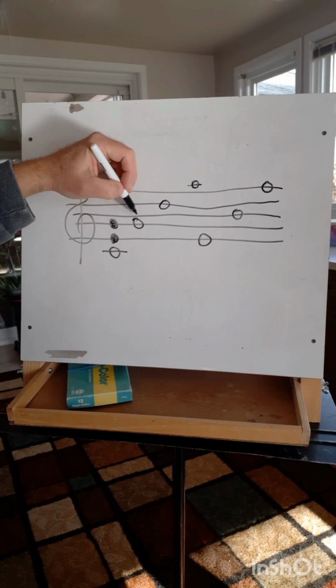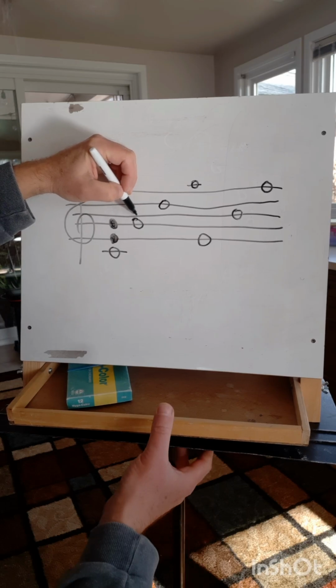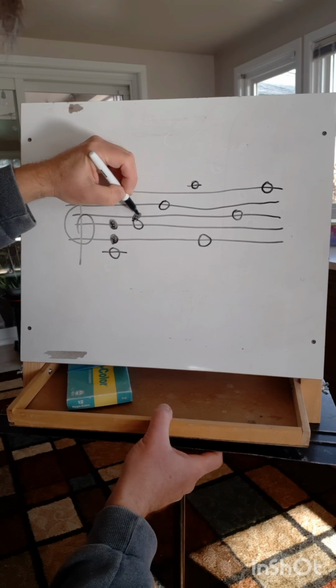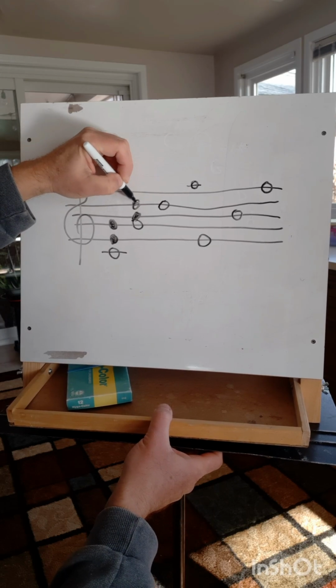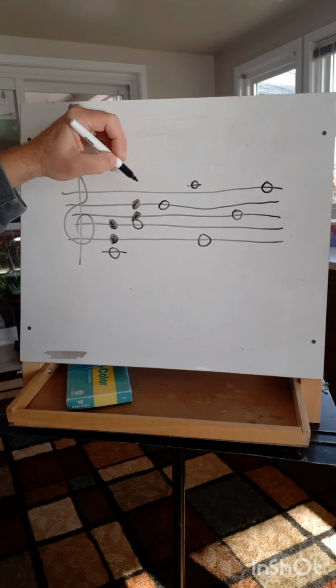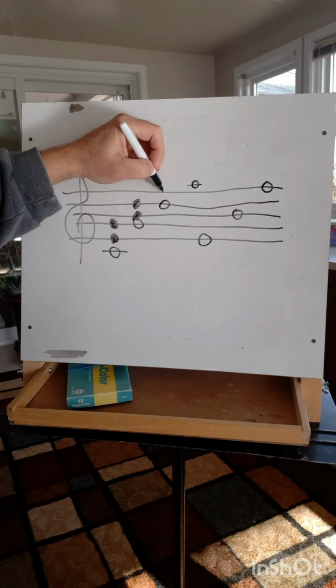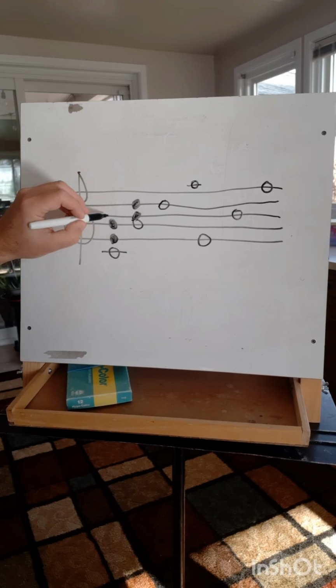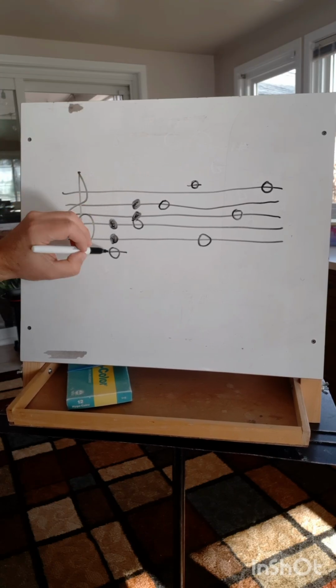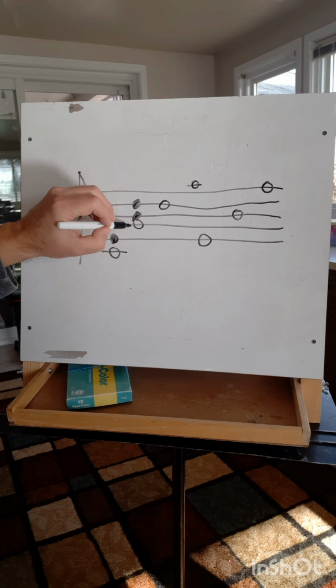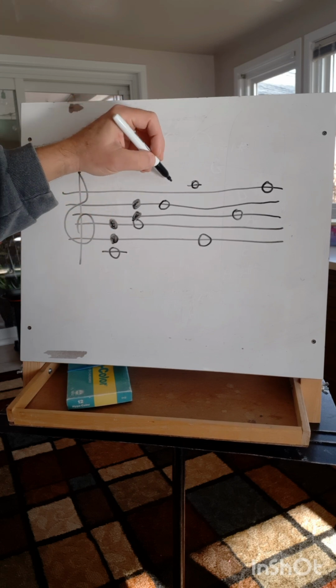So now I have G, B, D. All right. And notice that these are major chords. C, E, G is a major triad, G, B, D is a major triad.